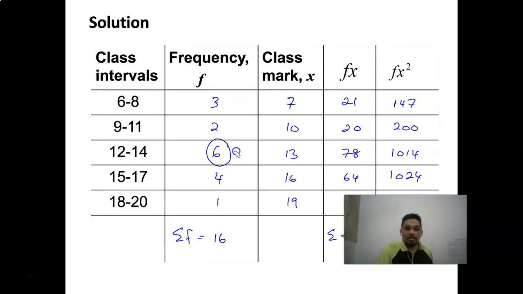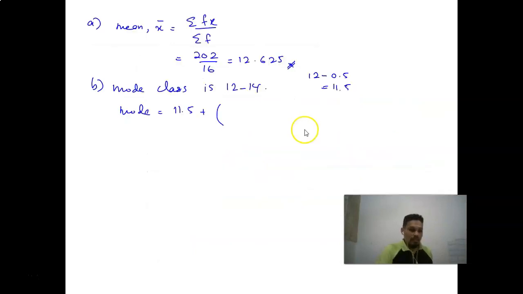Okay, 6 minus 2 equal to 4, and 6 minus 4 equal to 2. D1 and D2. So D1 is 6 minus 2 equal to 4 divided by D1, 6 minus 2 equal to 4 plus 6 minus 4 equal to 2 and multiply with the size of the class, which is equal to 3.